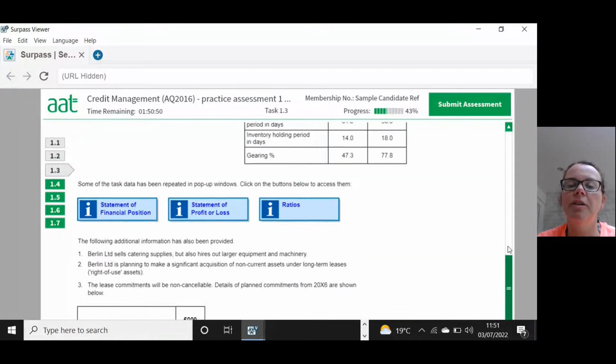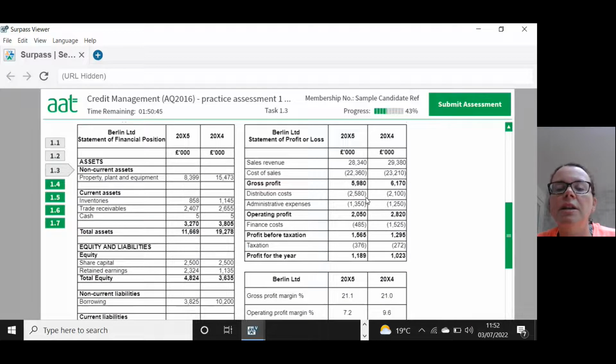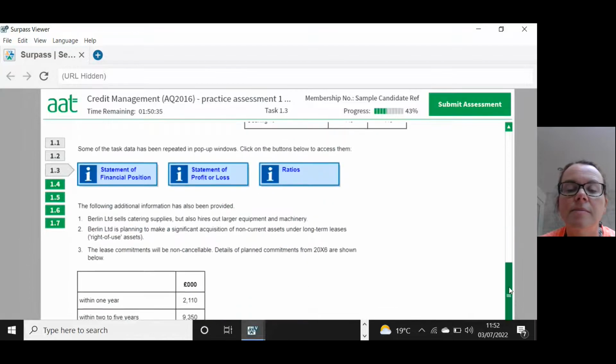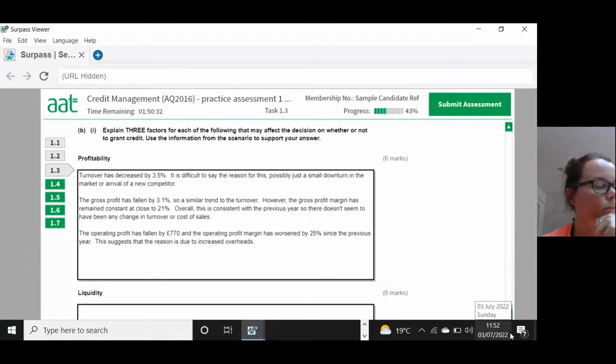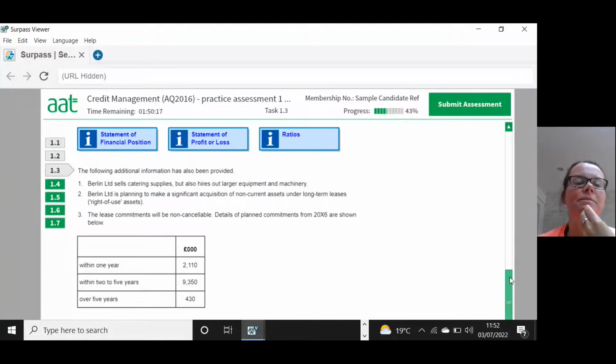So if we go up to the statement of profit or loss, distribution costs have increased and the admin also has increased. So is there any sort of particular reason for that, given the clues in the question? Sales is planning to make a significant acquisition.